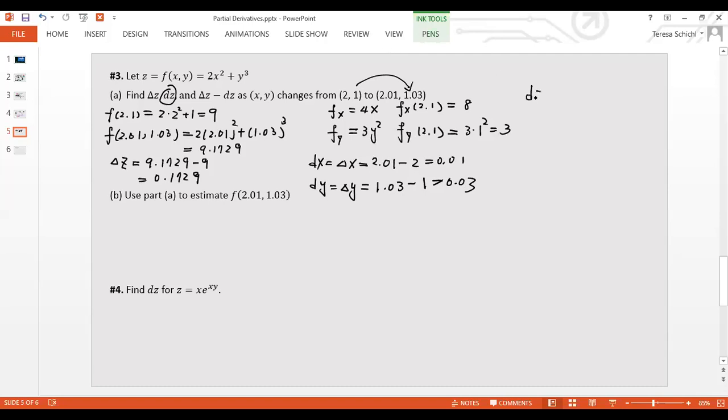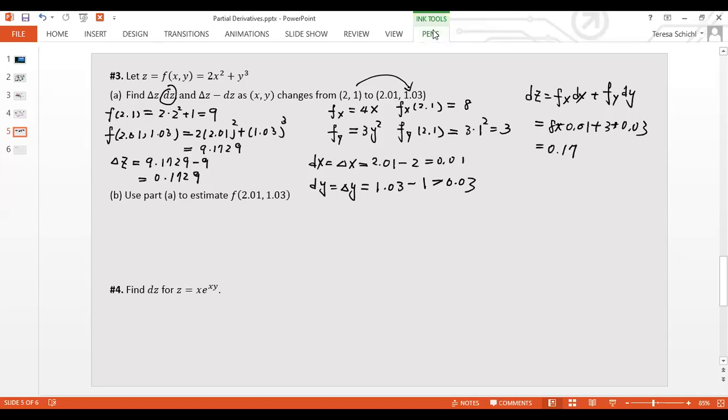Okay, so now I can find dz here, right? Remember dz is f_x dx plus f_y dy. So I can plug in: 2 times 0.01 plus 3 times 0.03, so what I have is 0.17 here.